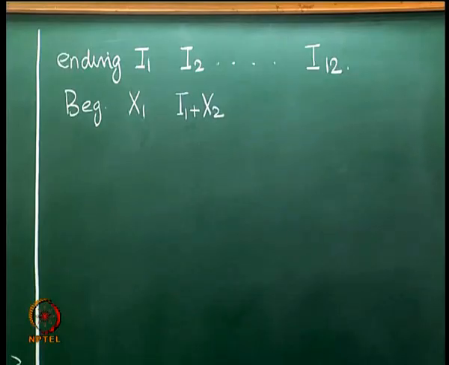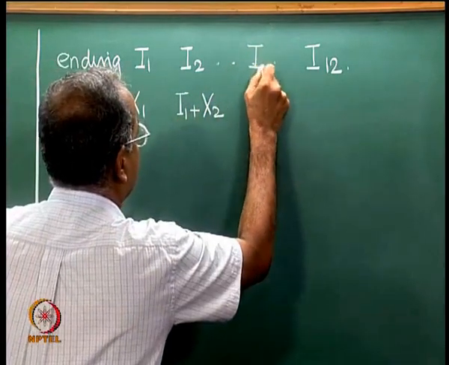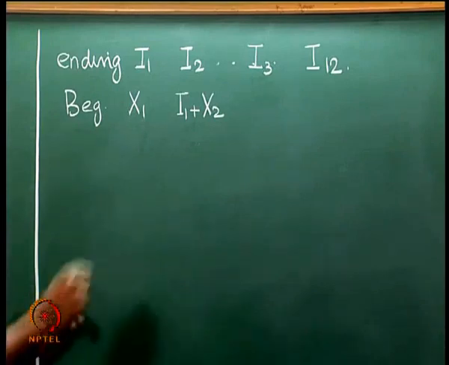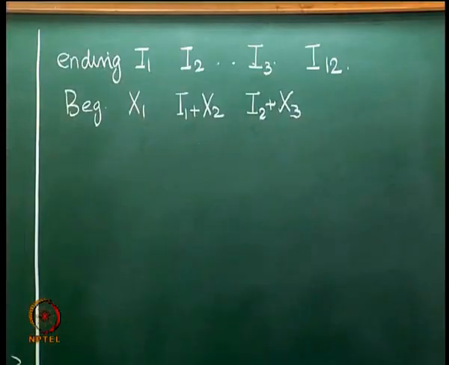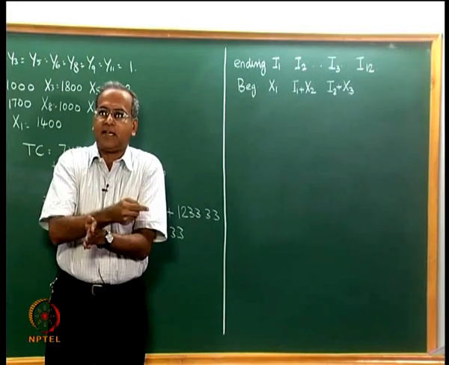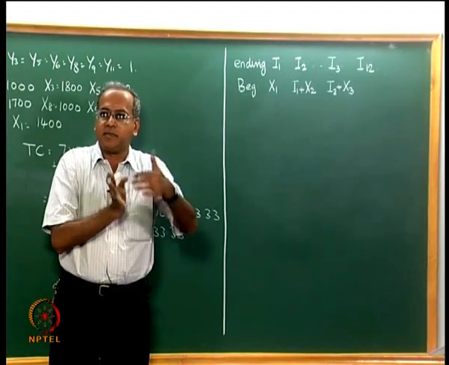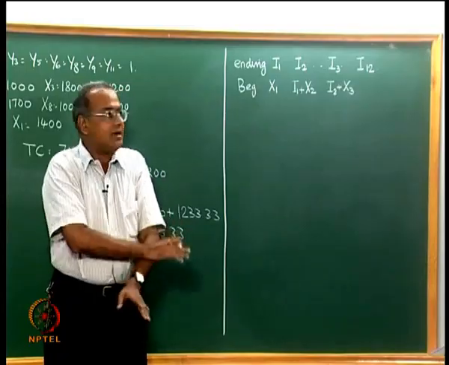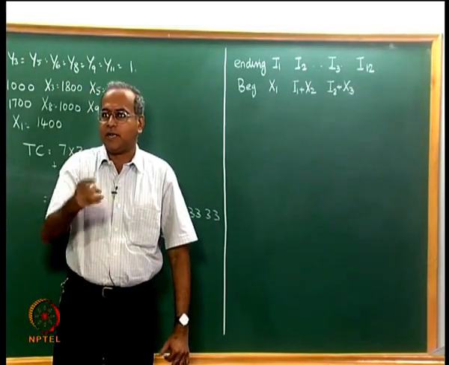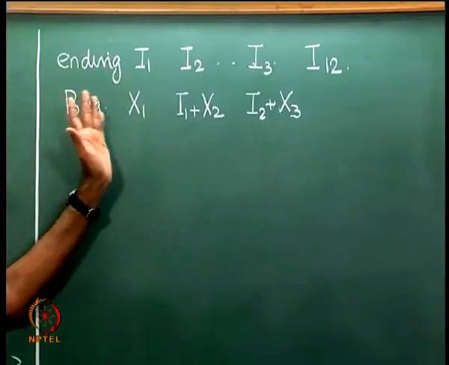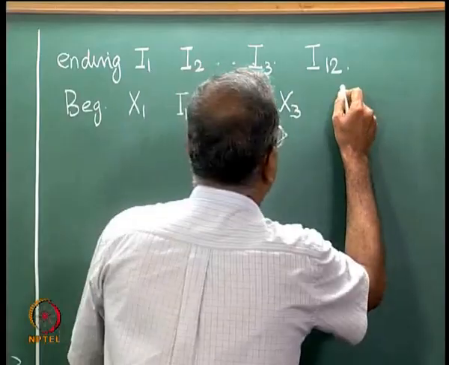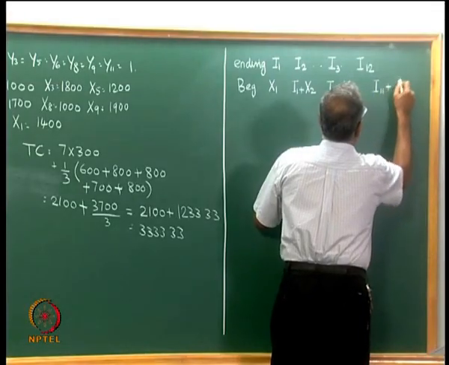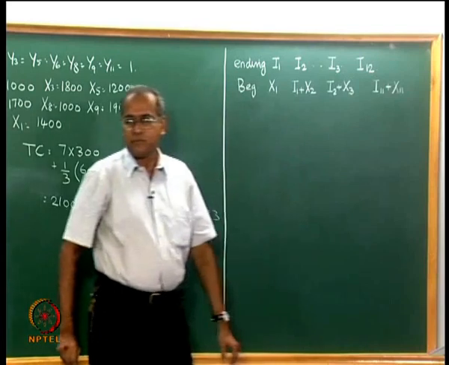Now for the third period, the ending inventory will be I3, but the beginning inventory will be I2 plus x3, because I2 is the inventory available at the end of period 2, and at the beginning of period 3 we are adding x3. So I2 plus x3 is the beginning inventory for period 3, and I3 is the ending inventory for period 3. This way we can write all the beginning and ending inventory terms.